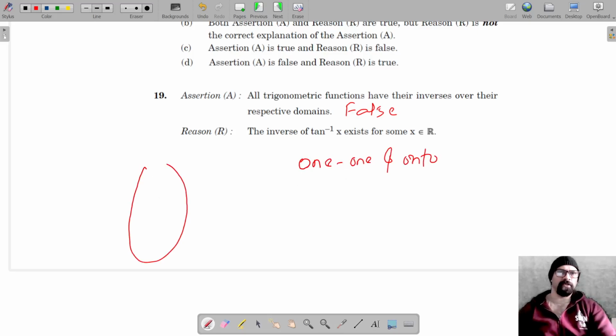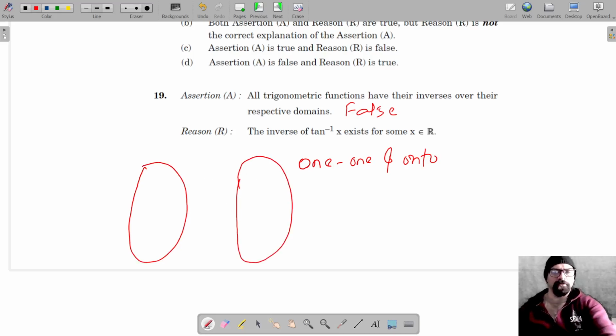Now in the domain we have the angles, and in the codomain we have the values. We know that if we have the domain minus pi by 2 to pi by 2, then this function is invertible for, let's say, minus 1 to 1.